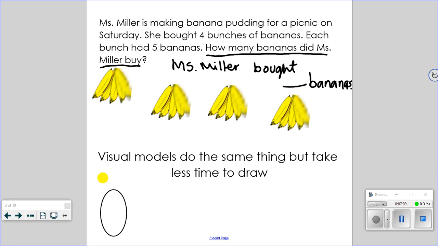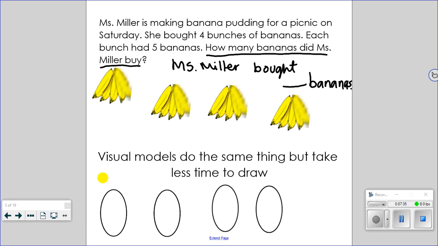My circles are going to represent my groups. In this problem, I had 4 bunches. So I'm going to draw 4 big circles to represent each bunch. Go ahead and draw 4 big circles to represent each bunch. Karate chop your groups. Like this.